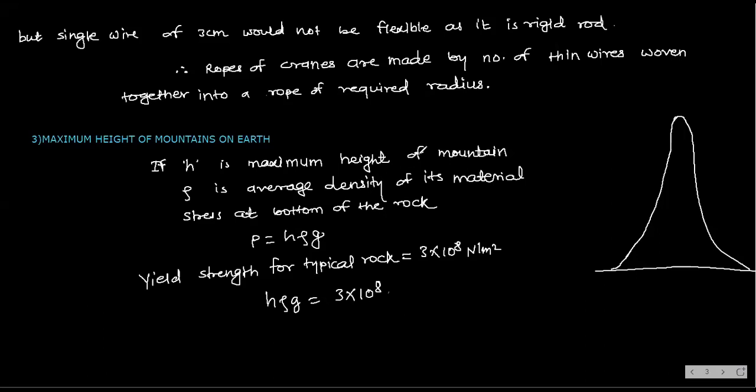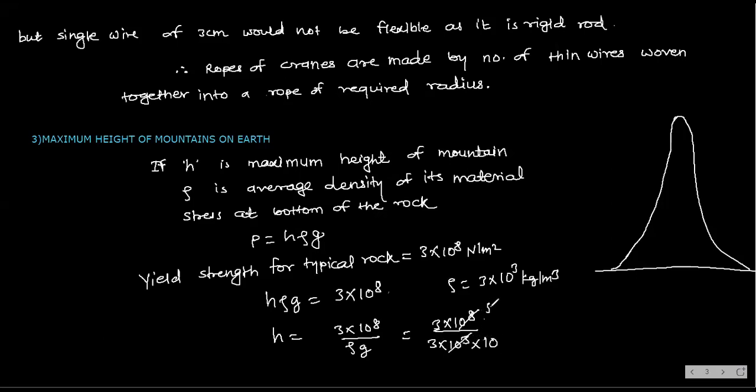Now, rho I am taking, rho is equal to 3 into 10 to the power 3 kilogram per meter cube. Then h is equal to 3 into 10 to the power 8 by rho into g, which is equal to 3 into 10 to the power 8 by 3 into 10 to the power 3, and g we will take 10.